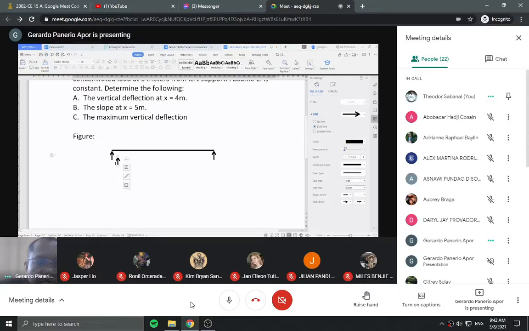Put that here. The load is located 6 meters from the left support. So you have a load here.